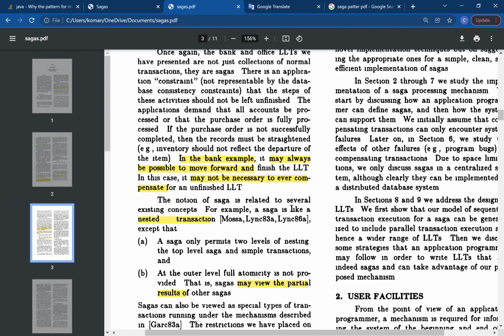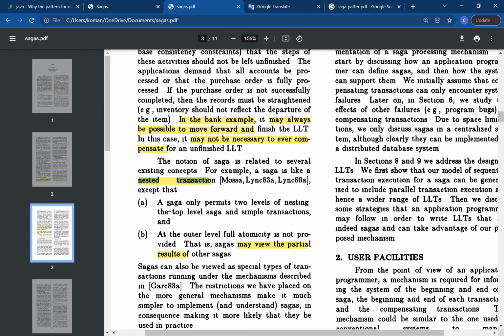Also, for a better understanding of what a saga means, if you previously worked with nested transactions, a saga is a very similar concept, but with two assumptions. I am highlighting these assumptions because they mean that a saga may view the partial result of another saga.